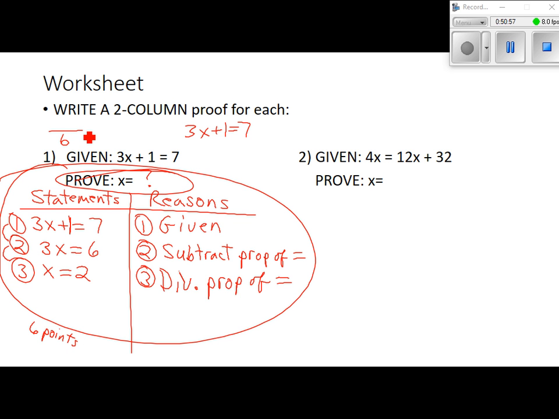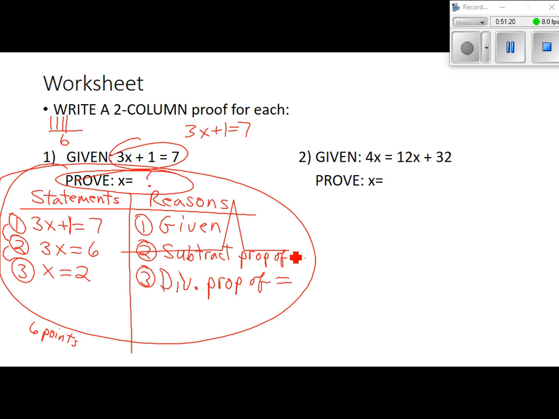Should anybody miss this point? It was right here. All you've got to do is write it down. So that's 1 point. Should anybody miss this point? That's given to you. That's another point. You went through algebra, so should you miss this point? So now you've got 4 points out of 6.